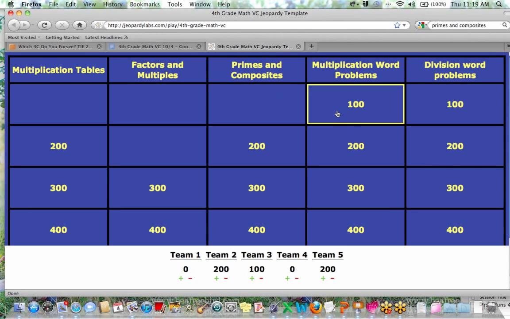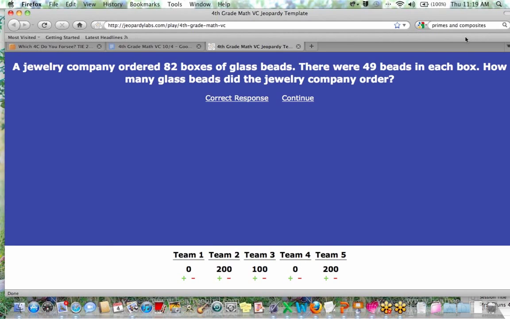Oh, a little bit more difficult. Multiplication word problems. A jewelry company ordered 82 boxes of glass beads. There were 49 beads in each box. How many glass beads did the jewelry company order? So this one's going to take you a couple minutes. I need you to multiply 82 times 49.